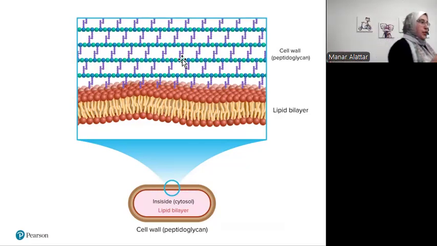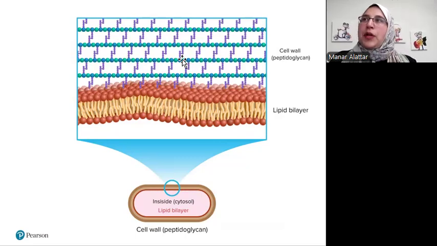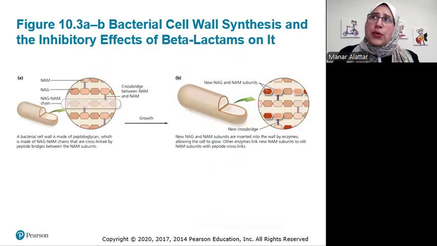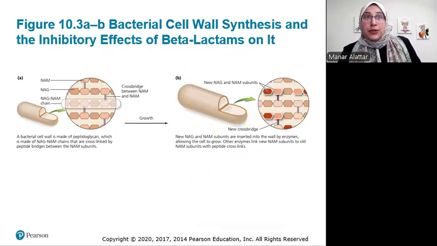Those cross linkages are really important to holding together the whole peptidoglycan layer or cell wall. And so when you have anything that would disrupt that integrity, that's essentially going to puncture that outer wall of the cell, and that's going to lead the cell just to explode and die.